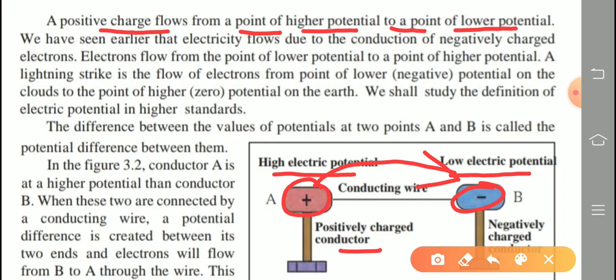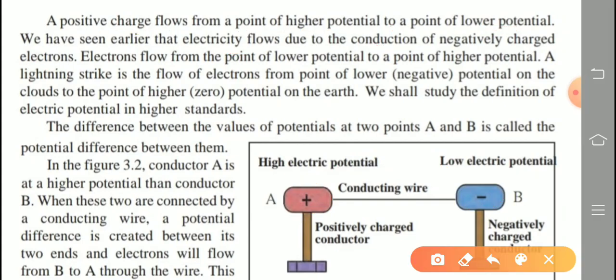We have seen earlier that electricity flows due to conduction of, underline, negatively charged electrons. Very important. Electricity flows due to conduction. Conduction means flow of negatively charged electrons through a metallic wire.